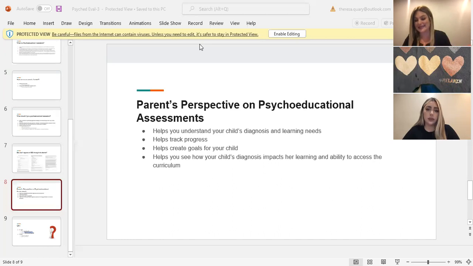So that they can get access to intervention, because if they don't have the right diagnosis early on, they can't get the right services. It's the same thing as in the medical world, right? If you don't have the correct medical diagnosis, you're not going to be able to take the correct medication. So the two have to match. So early on, that's very important.